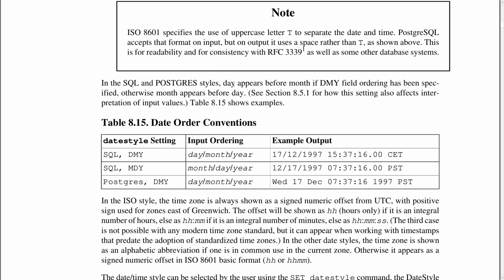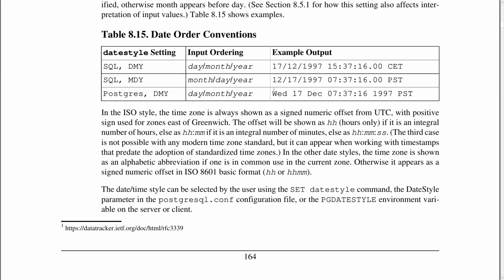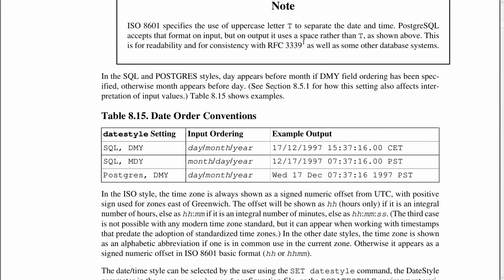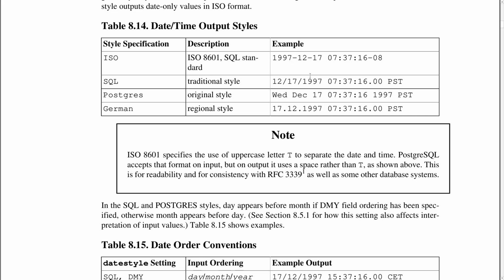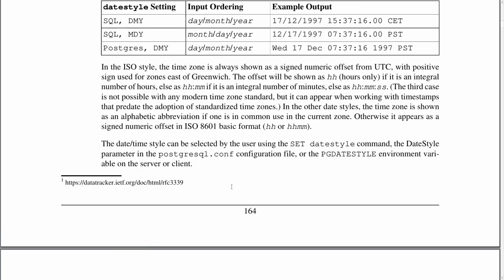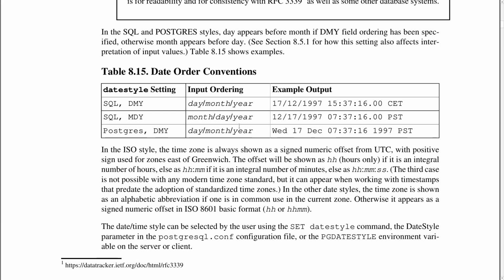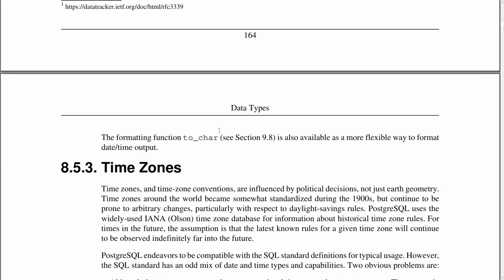In SQL and Postgres style, the day appears before the month if DMY field ordering has been specified. Otherwise, the month appears before the day. So in general we use ISO, where it will be YYYYMMDD. Now we look at date order conventions. We don't worry about this. It is not very useful.